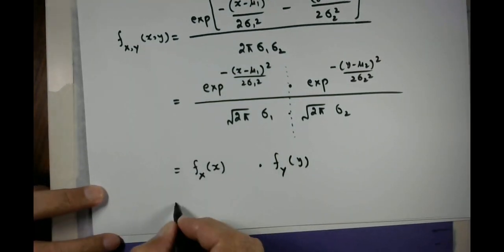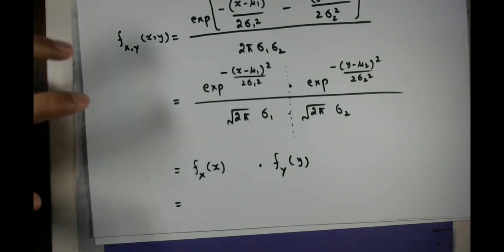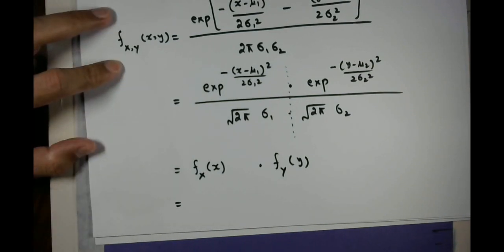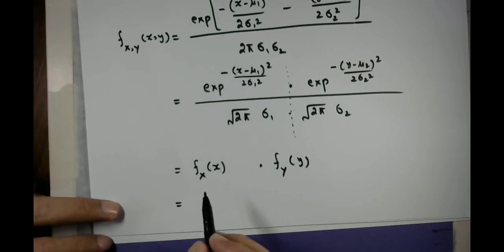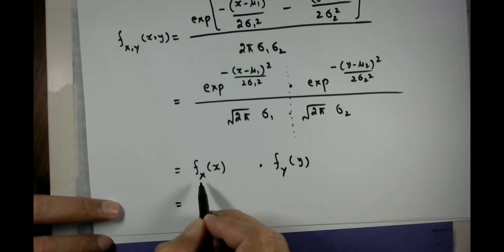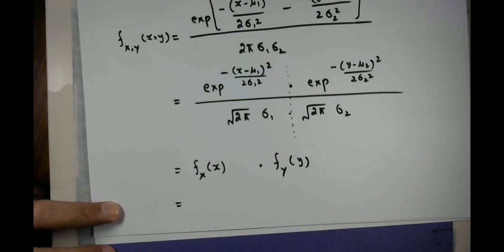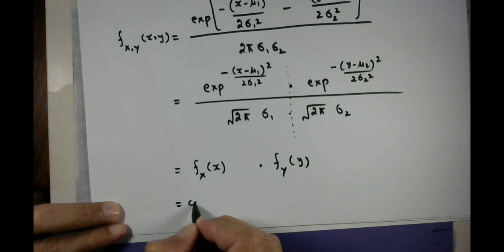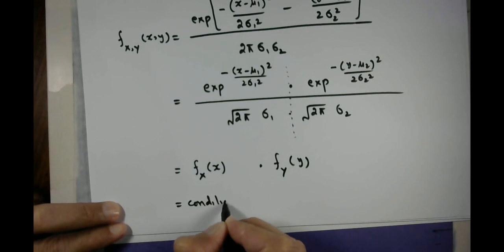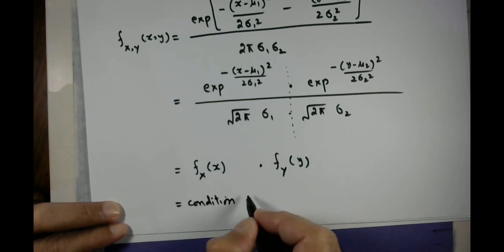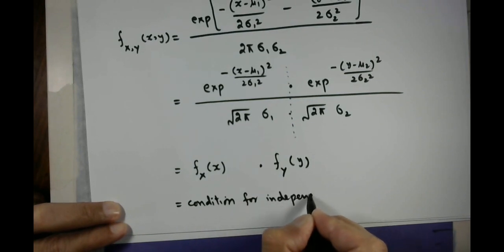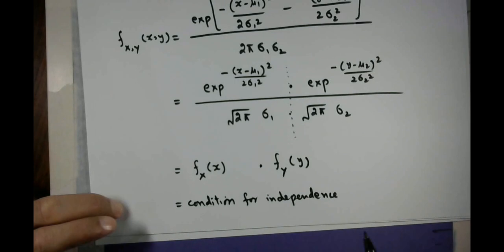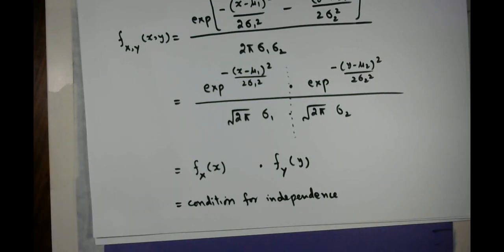And so we have been able to write this giant bivariate distribution of x and y Gaussian distributions as a product of the individual distributions. So this is nothing but the condition for independence of two random variables x and y.